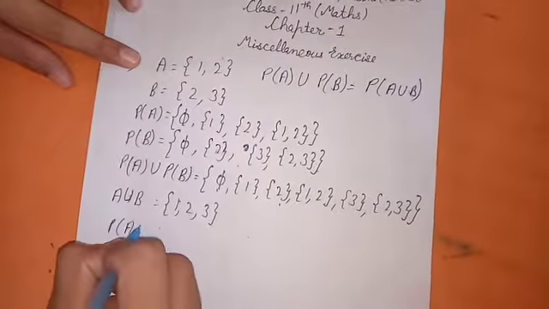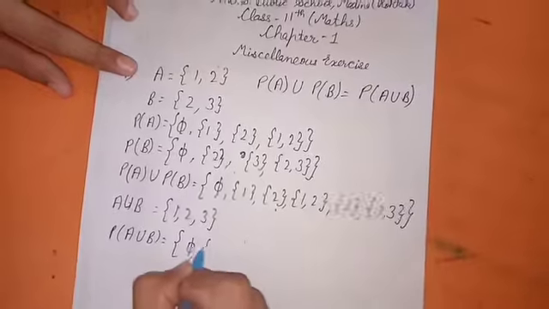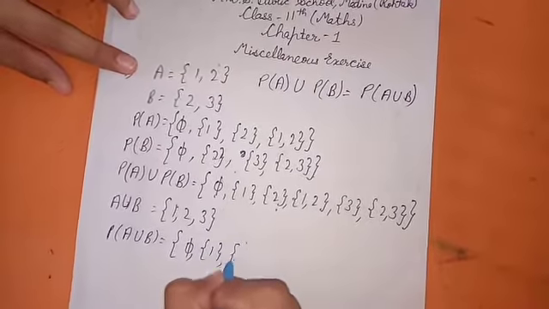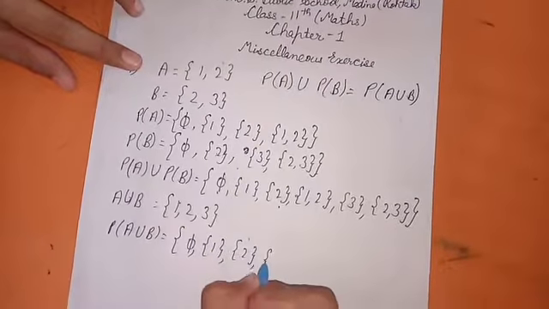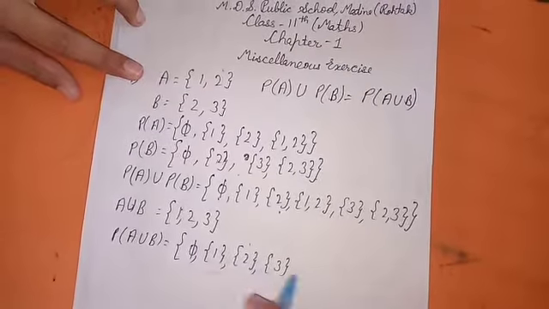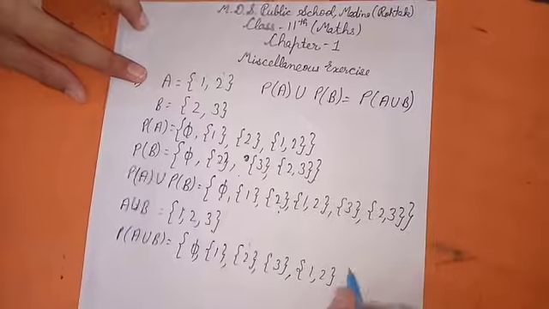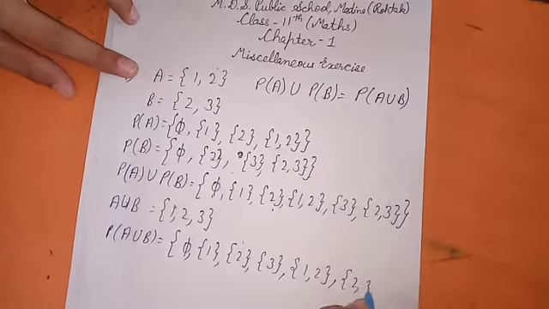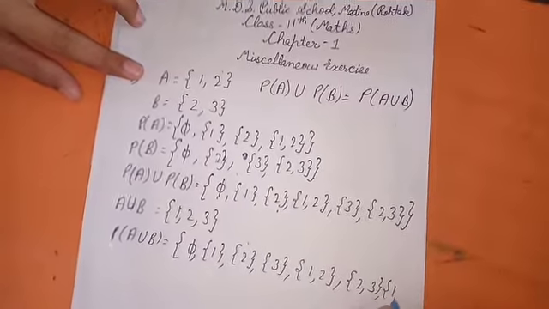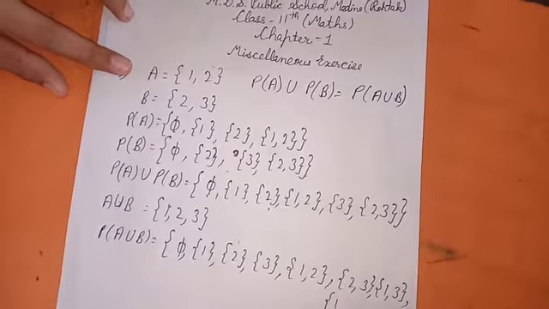Okay, now I'll find the power set of this. So the power set of A union B will be equal to the empty set, {1}, {2}, {3}. First we take all elements separately. Now we take pairs: {1, 2}, {2, 3} and {1, 3}, and at last all three in one, {1, 2, 3}.